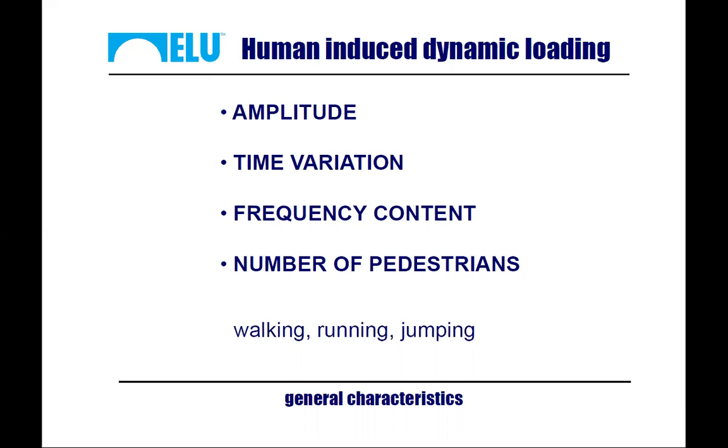Then we need to look at the time variation, and we also need to look at the frequency content of the loading. And then, of course, we need to define the number of pedestrians that we are going to consider for the design of our bridge. These are the 4 issues that we need to cover when we talk about dynamic loading.